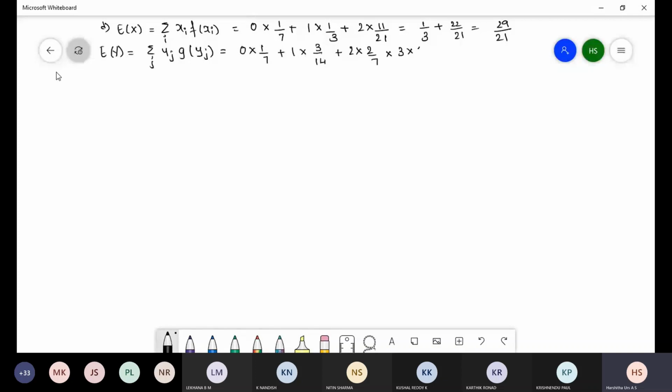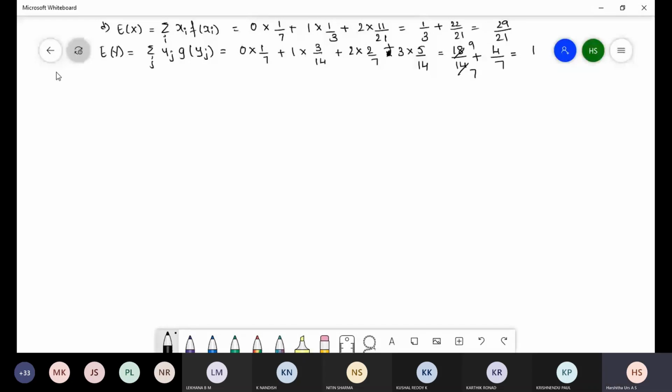The first one will become 0. Second one, 3 by 14 plus 15 by 14 is 18 divided by 14, plus here 2 2s are 4, 4 by 7. So 9 plus 4 is 13 divided by 7.